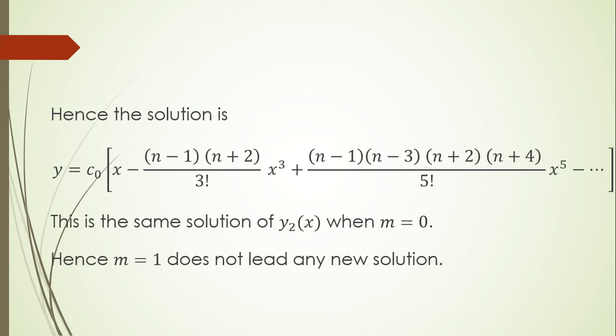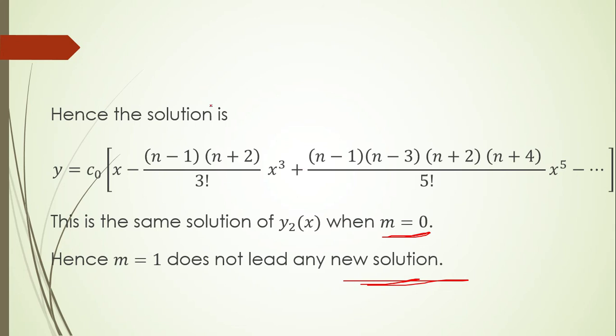Hence the solution is y is equal to c0 into this. This is the same solution as y2 when m is equal to 0, hence m is equal to 1 does not lead to any new solution. This is part of the first solution.